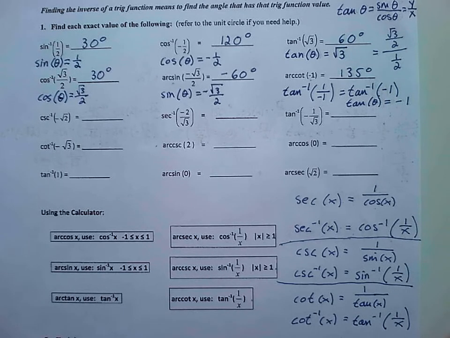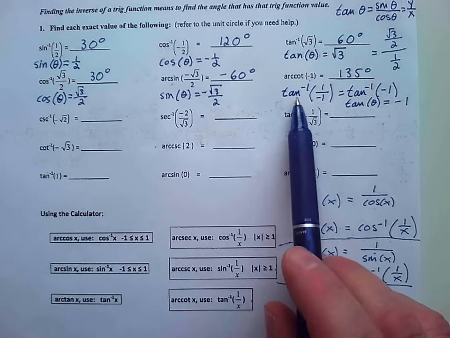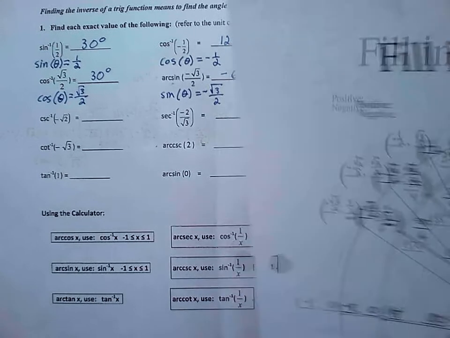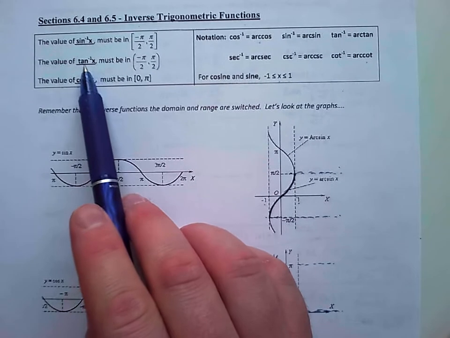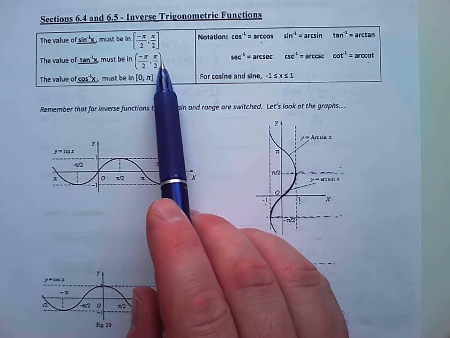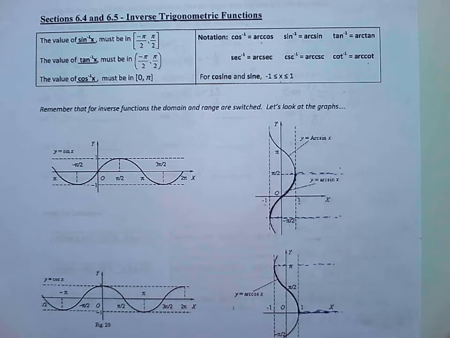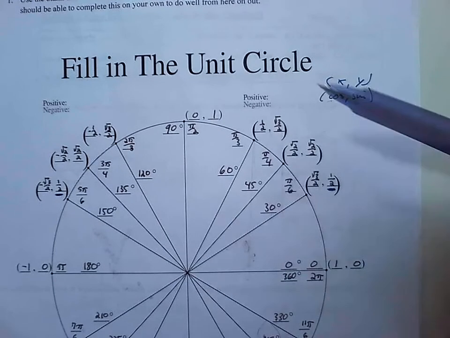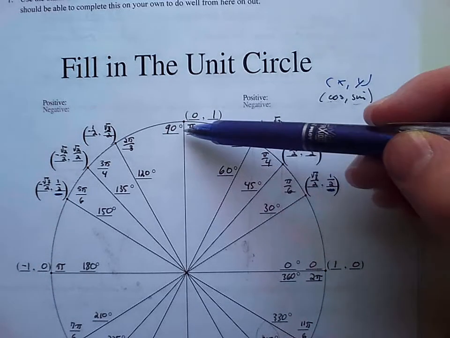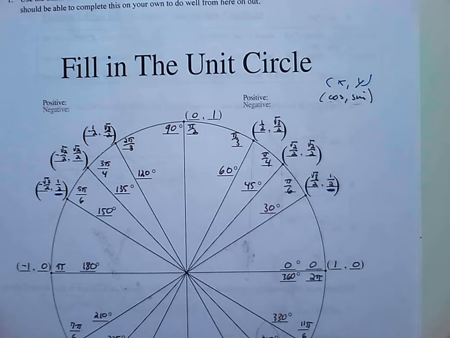So again, keep in mind here that we need to go for the arctangent. Here for the arctangent, we need to go between -90 degrees and 90 degrees. So for the arctangent, we need to only be in this side right here from -90 degrees to 90 degrees.